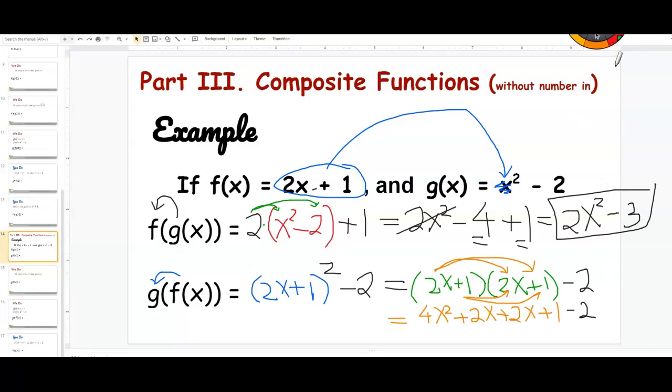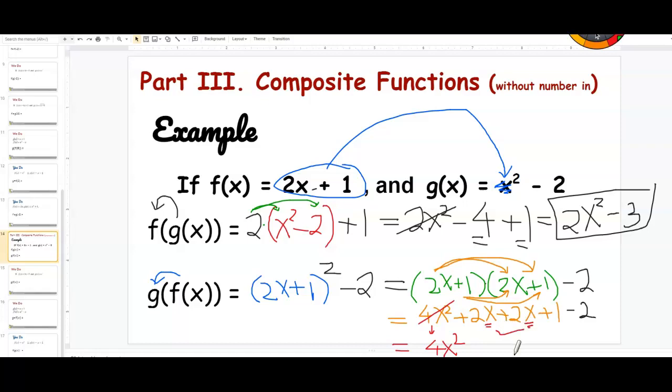Finally, combine like terms. X squared, you don't see any other x squares on the back, so this is a single guy. Copy it down. And it's gone. Okay? X, x, they have the same x, so they're like terms.